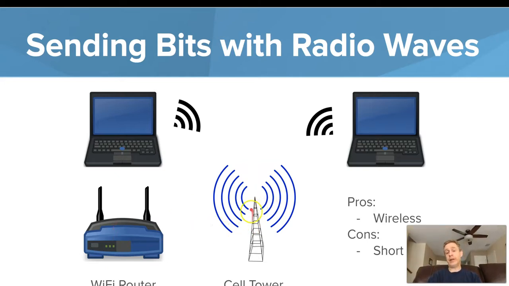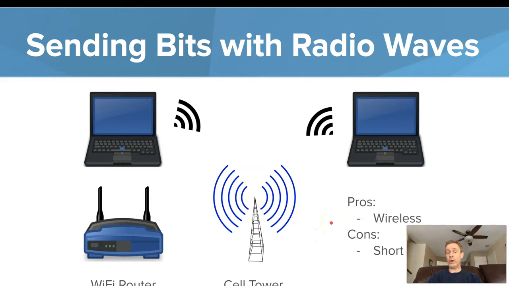And a cell tower is also a way that we transmit zeros and ones using radio waves. So when you're sending information to and from your smartphone, it's using radio waves to transmit zeros and ones. The only problem is that if you're not close enough to a cell tower or a router, you're not going to be able to transmit your information, because radio waves only work over a short distance.